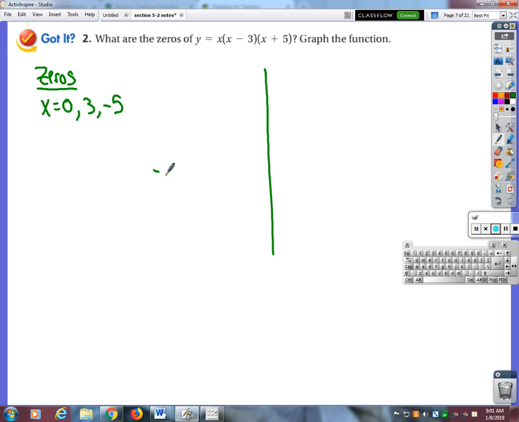Now let's use those to make a rough sketch of the graph. So I know it's going to cross the x-axis at 0 and at 3 and at -5. Okay, what's the end behavior of this graph if I were to FOIL it all the way out?